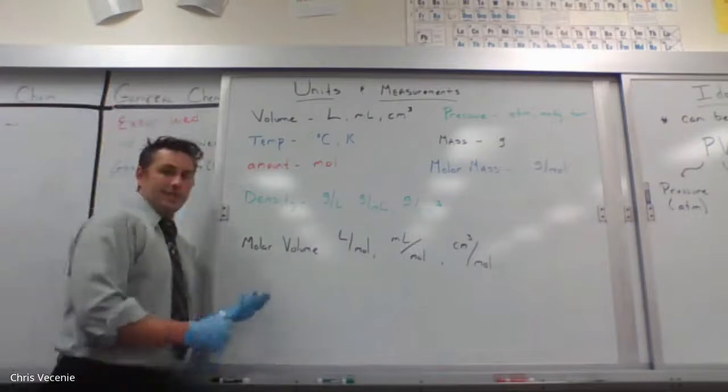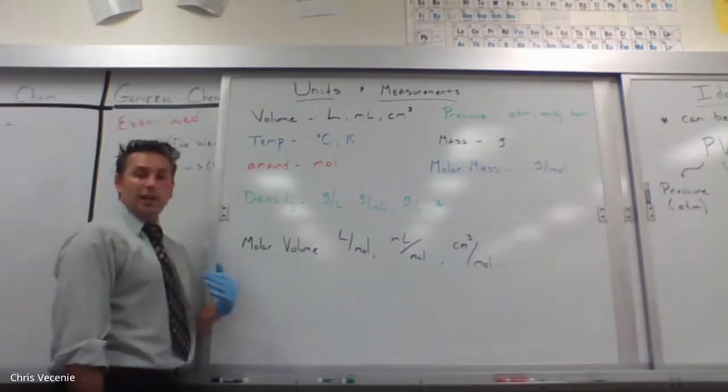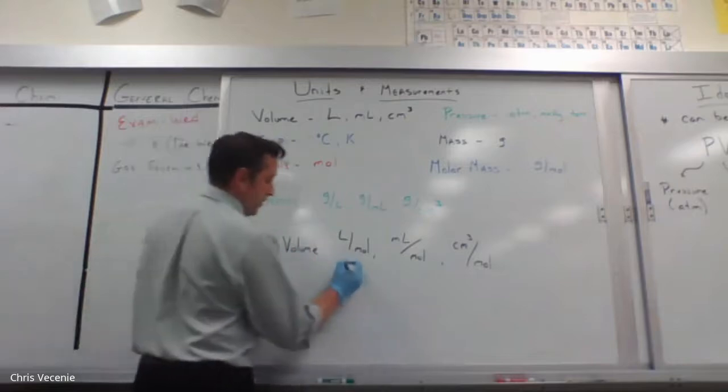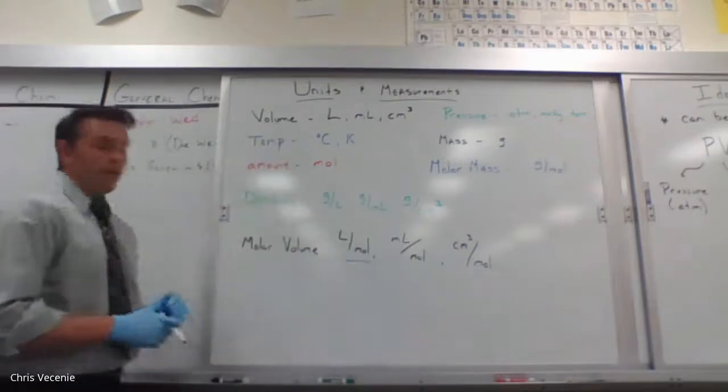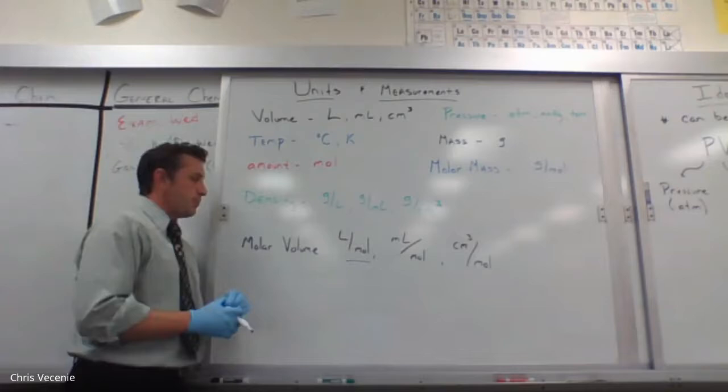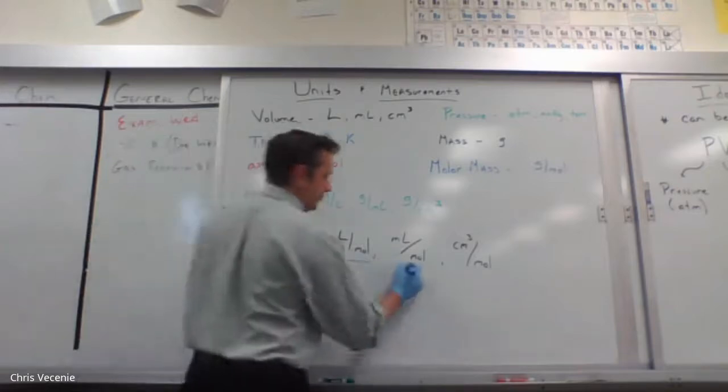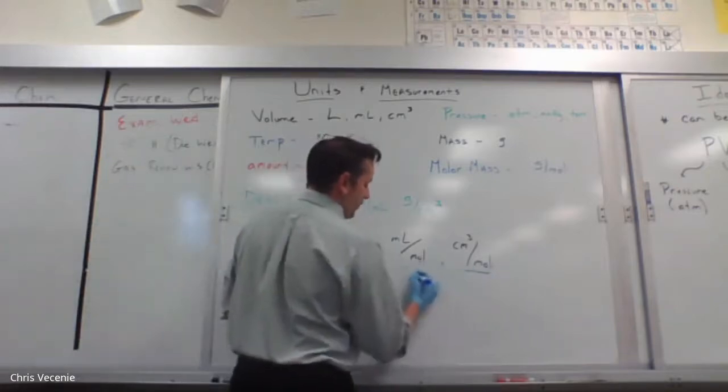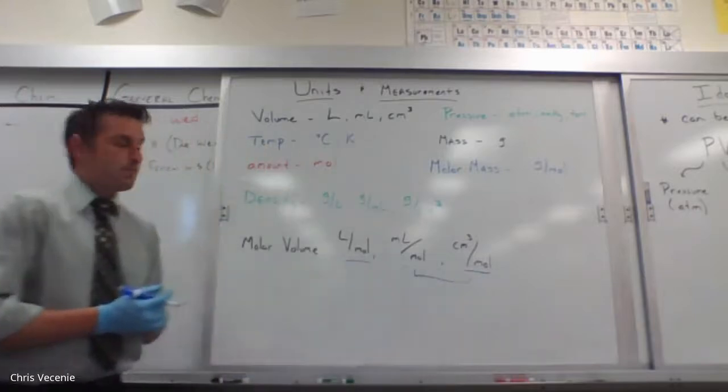So the goal of today's lab is we want to calculate a gas's molar volume. So molar volume comes in three flavors, right? Liters per mole, milliliters per mole, or cubic centimeters per mole. And don't forget, those guys are the same.